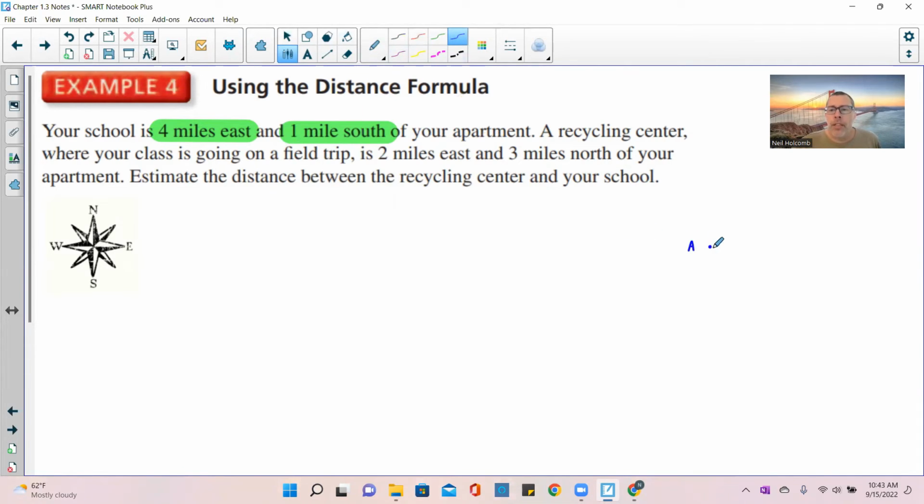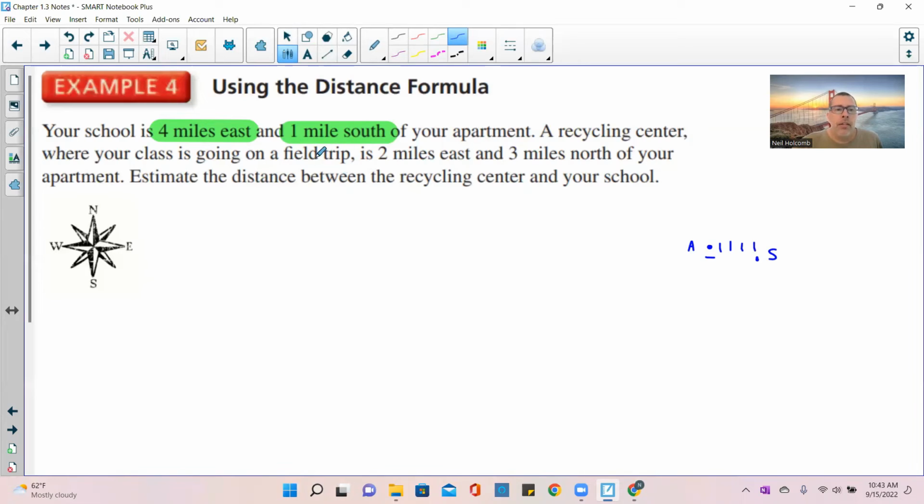East is to the right, so I'd go 1, 2, 3, 4 to the east. And 1 mile south is down, so 1 mile south would be right here. That's your school, so that'd be S. With the apartment here, the school is over 4, down 1. I'll do this in Desmos in a second.